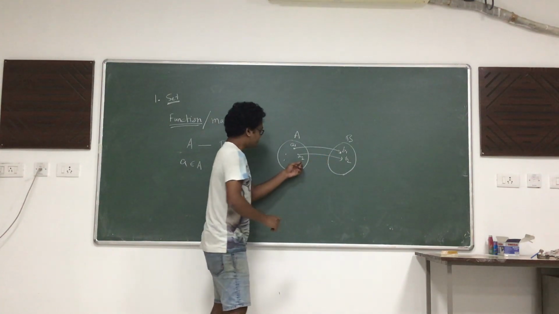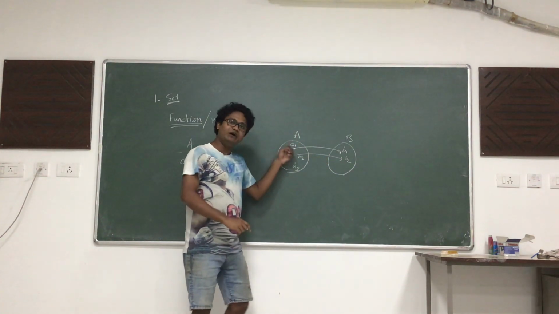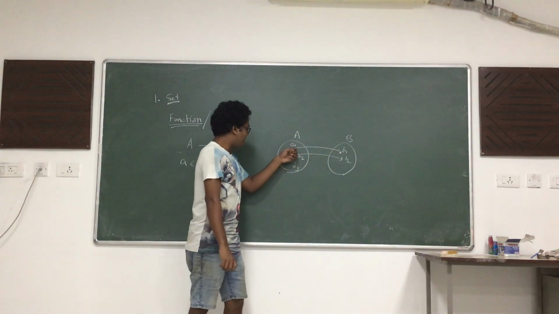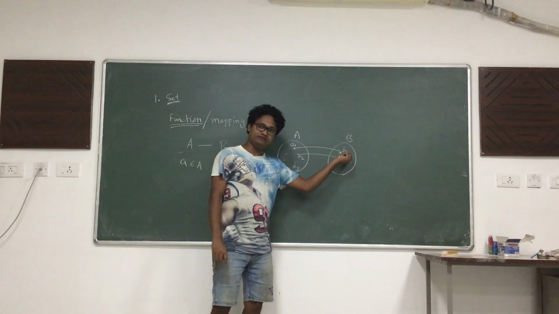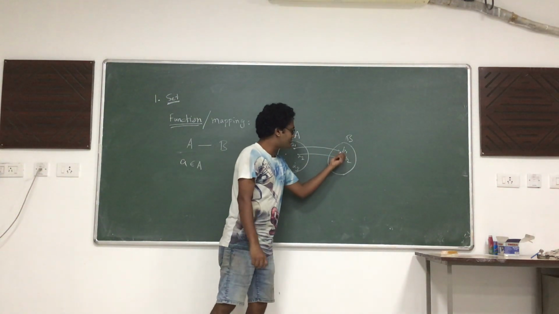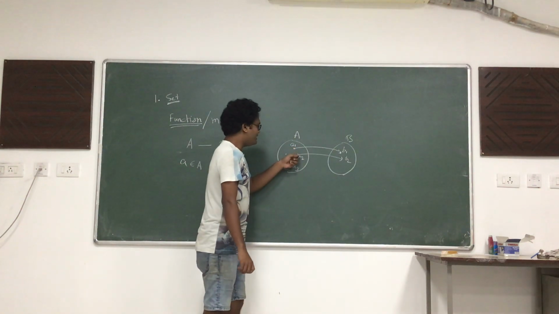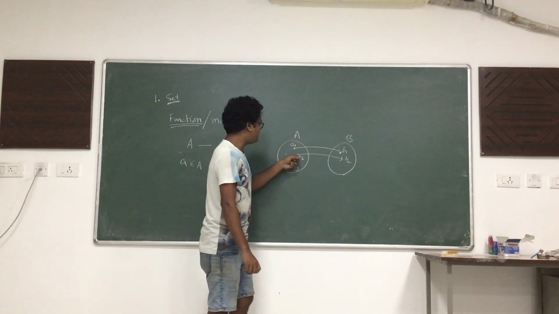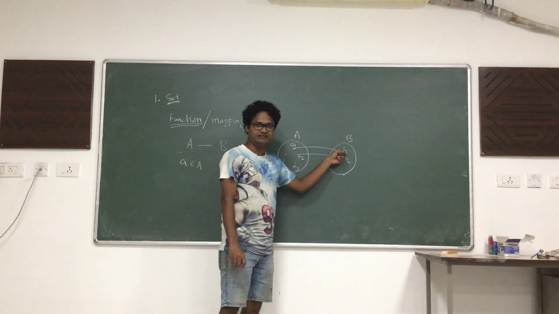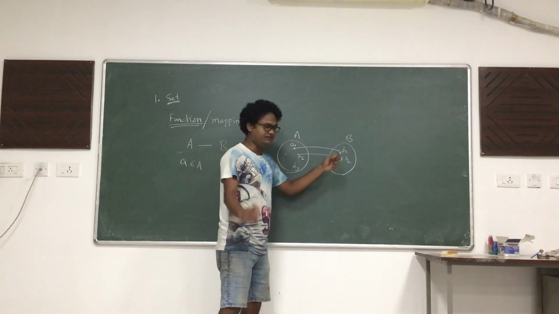But what is the condition? For every element you have to assign one element of B, and for each element exactly one element here. But it's not necessary that two elements cannot point to a single object here. Okay, so that's the definition.